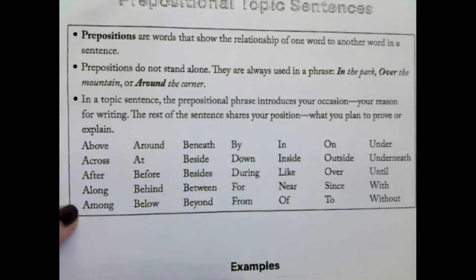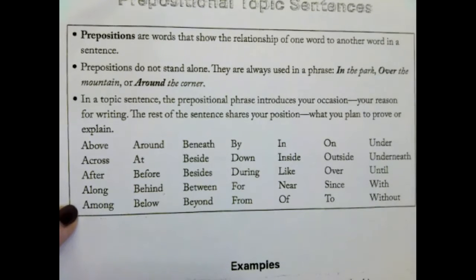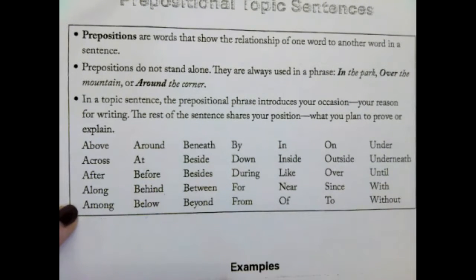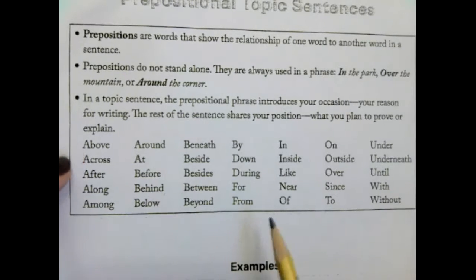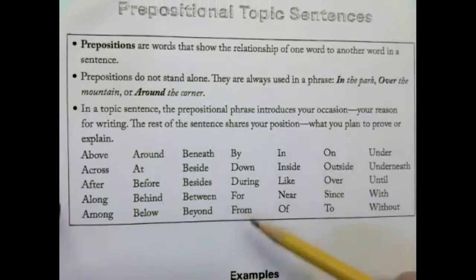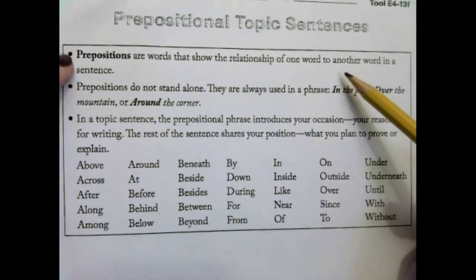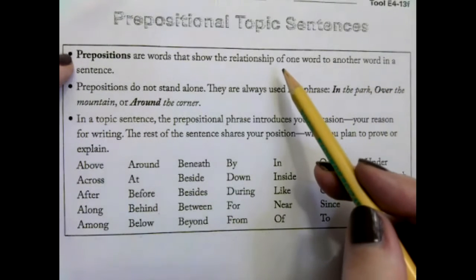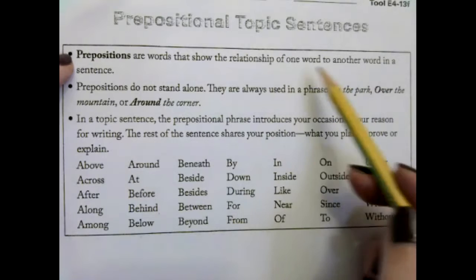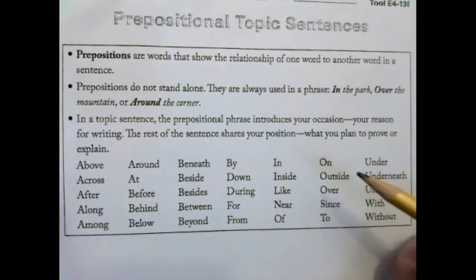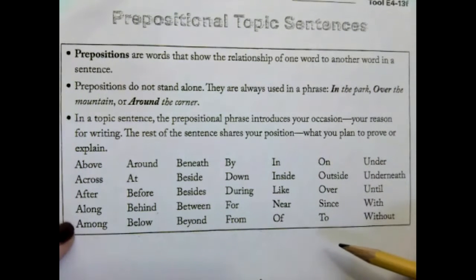If they can't come up with that, then you can say, do you notice that most of these are like direction words? Like something is above something else, or something is across from something else. And they might say, oh yeah, that's true. And then you might say, okay, take that and connect that with the actual meaning of a preposition, which is that they're words that show the relationship of one word to another word. And sometimes that relationship is directional or location words.